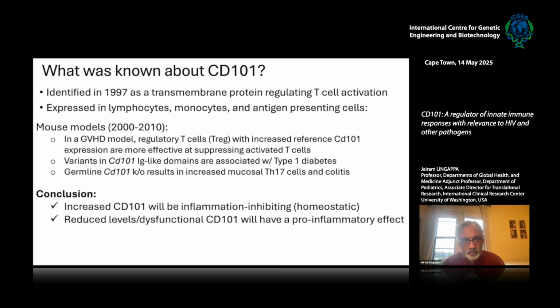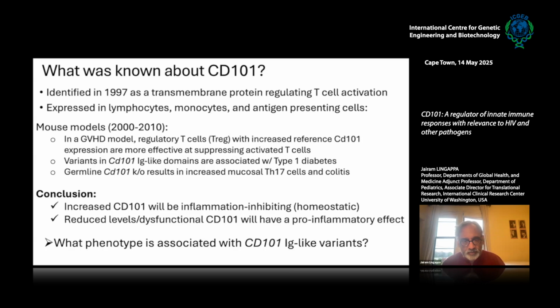So the conclusions from this suggested that increased CD101 expression would be inflammation inhibiting or homeostatic, but reduced levels or expression of a dysfunctional CD101 could have pro-inflammatory effects.